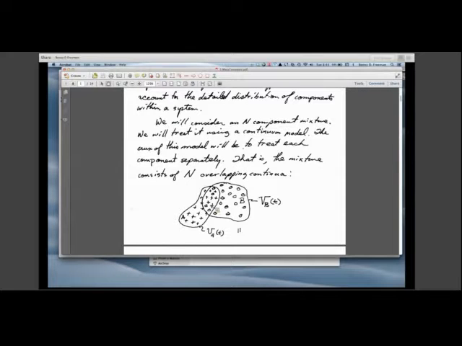But if the A's try to move, that volume will be expanded or contracted or changed to keep all of the A's together.